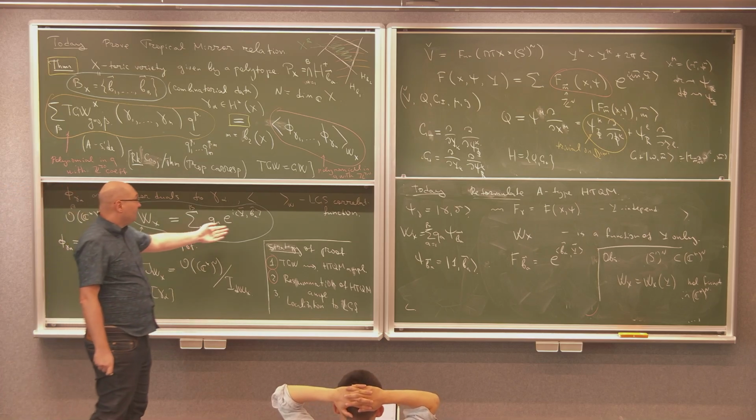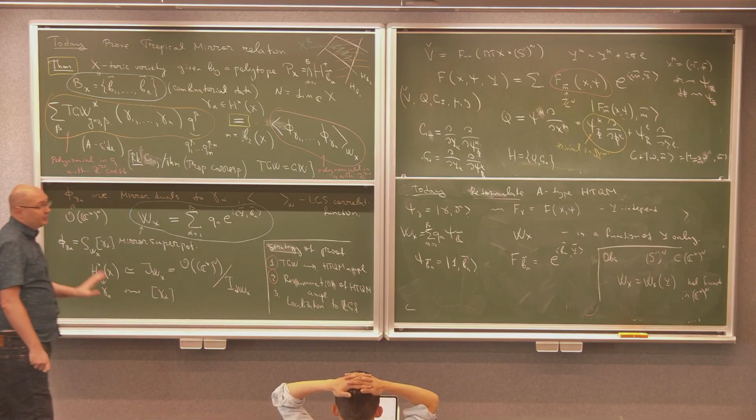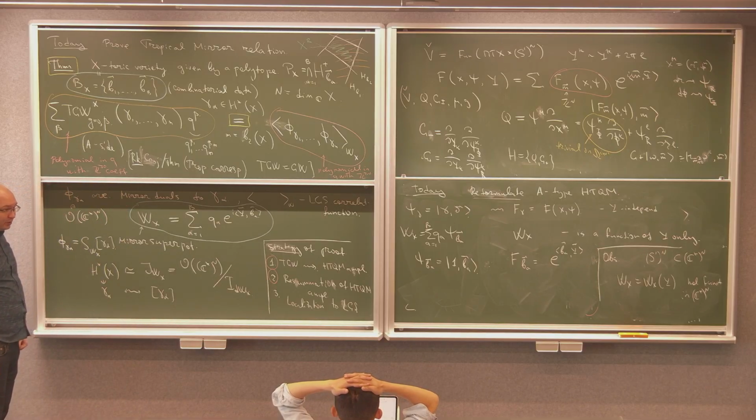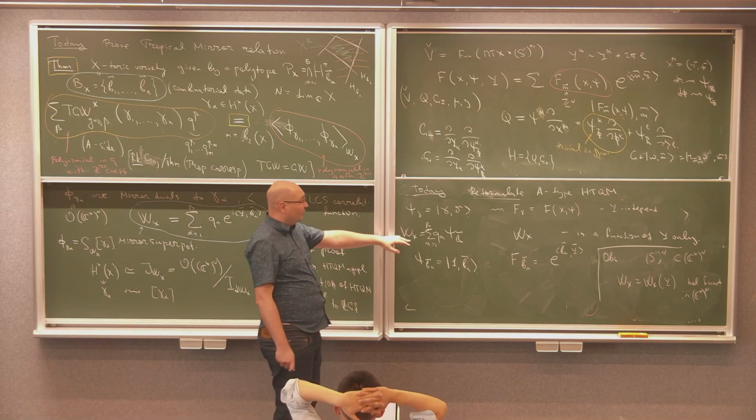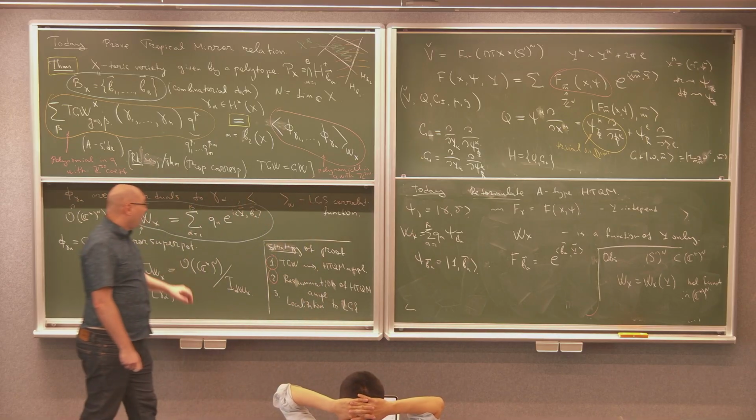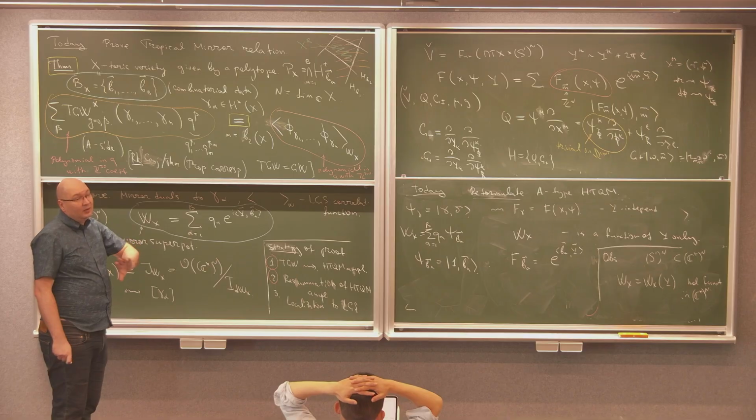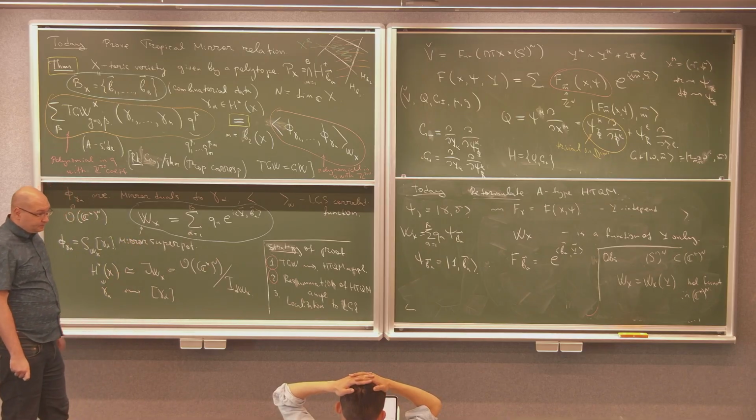And this linear combination of exponents is surprisingly identical to the mirror superpotential. So if we formally compute W of x by this procedure for a given toric variety and compare it with the final answer, they would be identical.